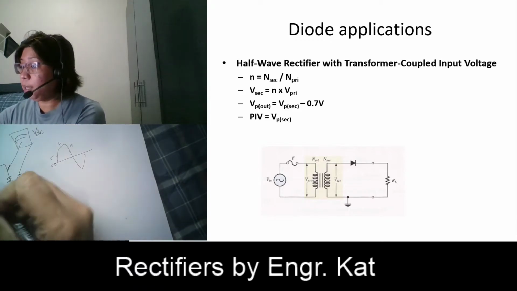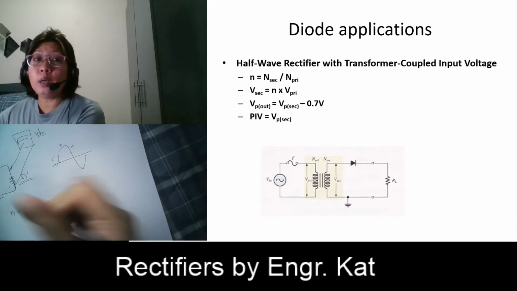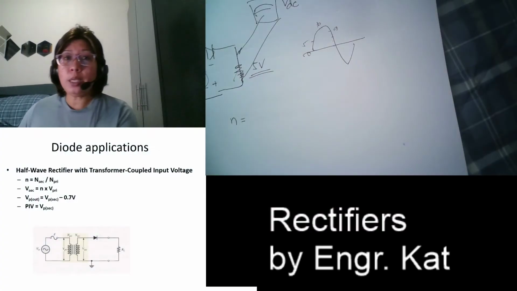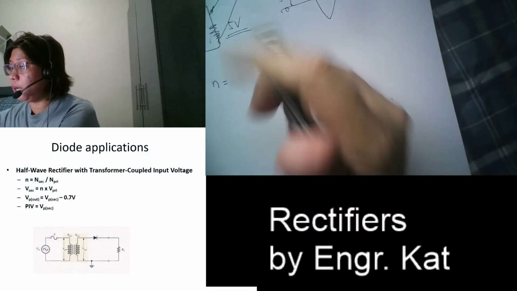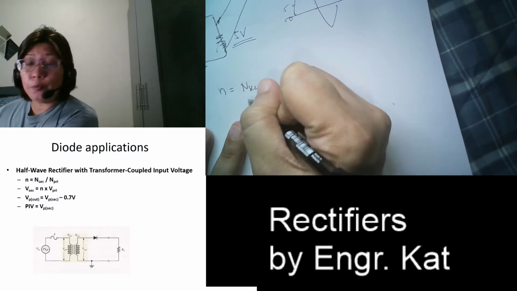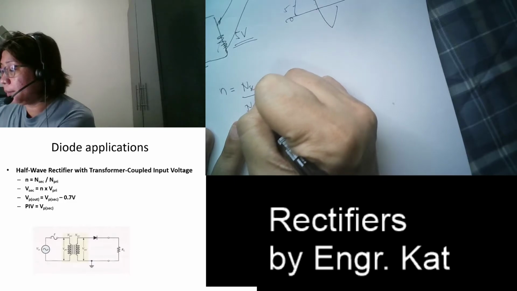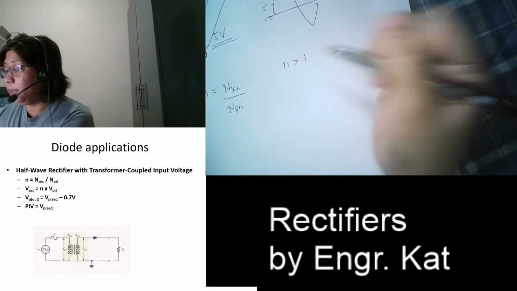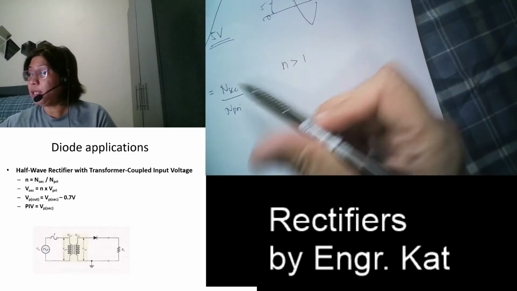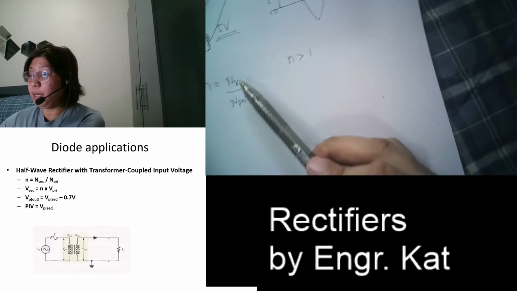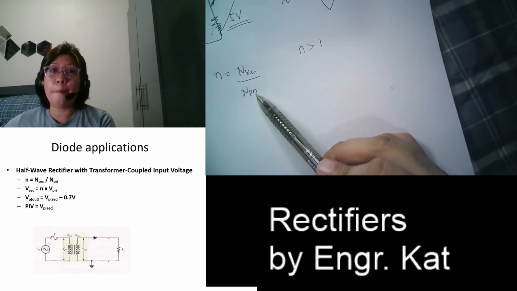N is equal to the secondary winding all over the primary winding. So when N is greater than 1, that means your secondary, or your numerator, is greater than your primary.